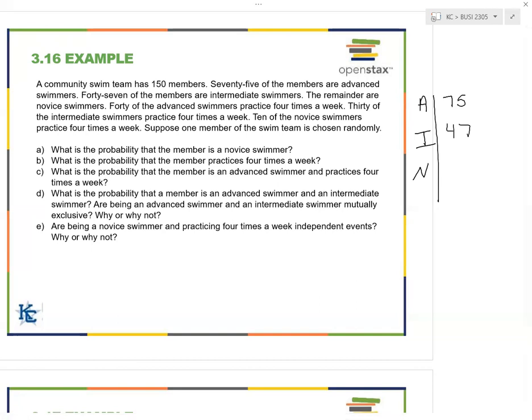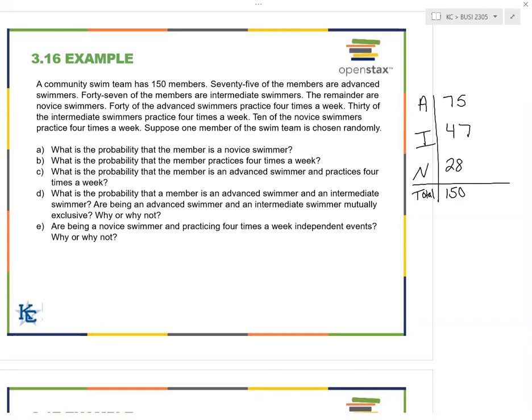Well, we know the total is 150. So 150 minus 75 minus 47 gives what's missing here: 28 novice swimmers. Okay, 150 total swimmers here.